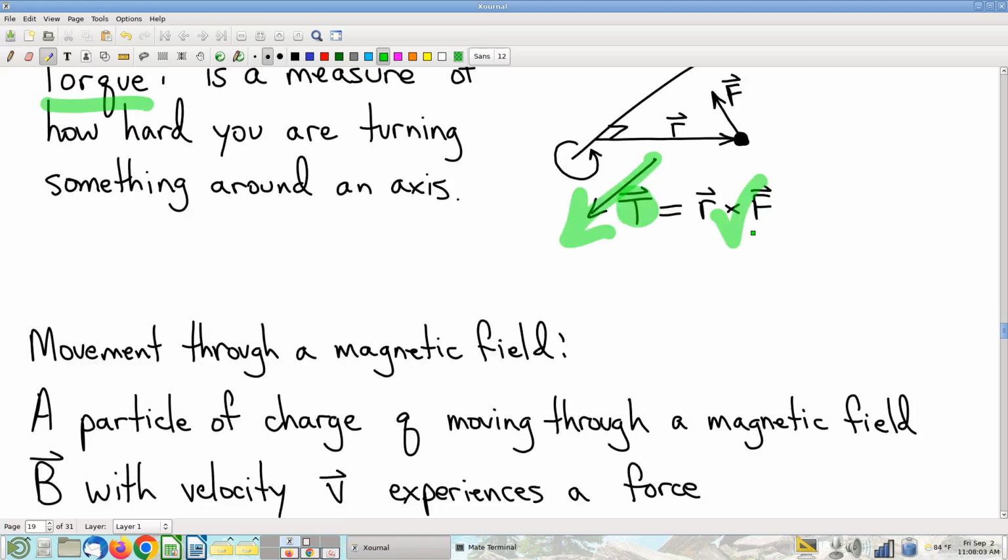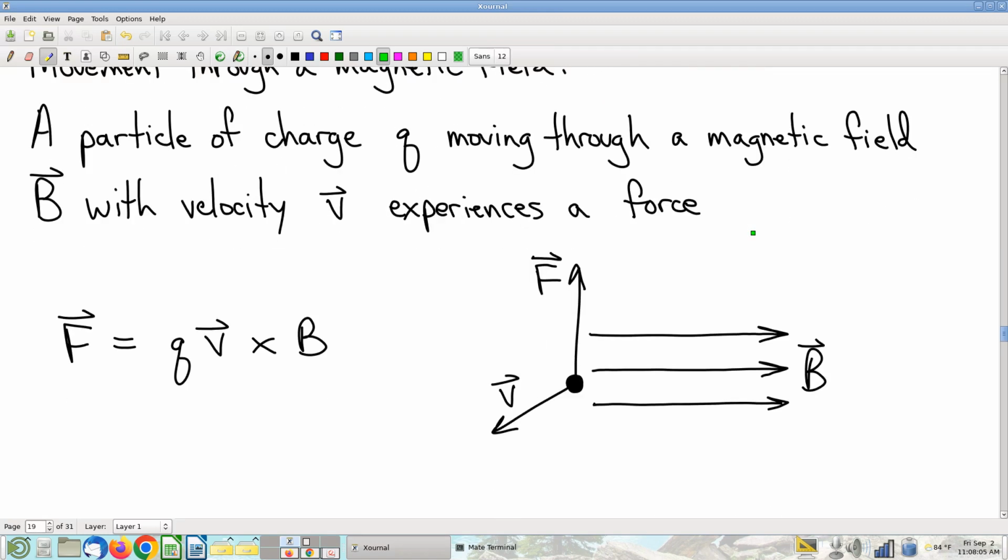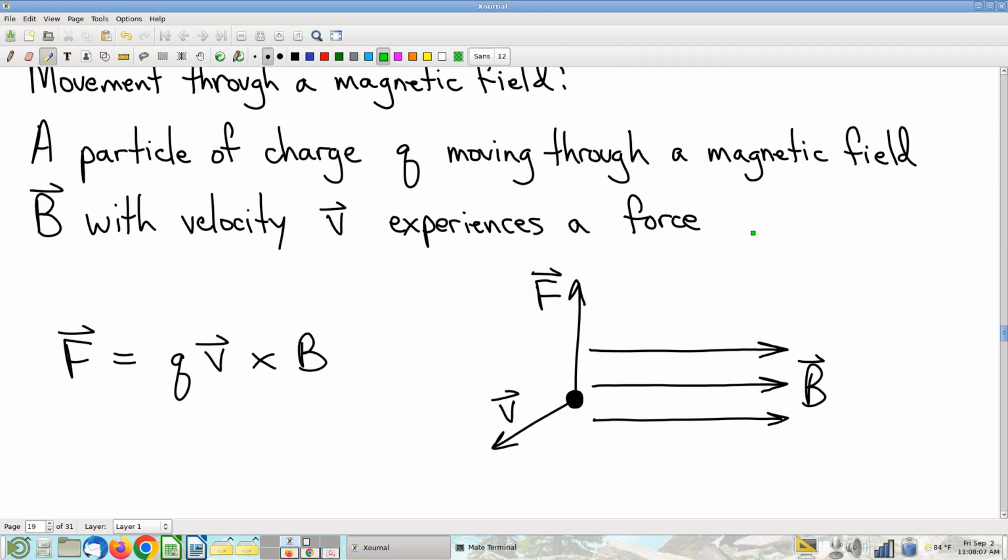And likewise, forces related to magnetic fields. If you want to know what is the force that results when a charged particle moves through a magnetic field, that force is a cross product. So it manifests in the physical world. Of course, it's also a really handy tool in math by itself.